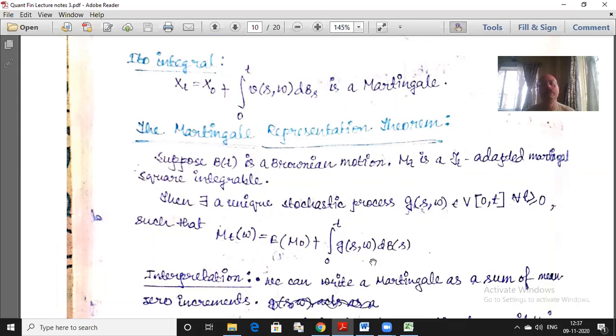Because if I now notionally write this integral equation as a differential equation, I will be able to write dM equal to G dB. In the formal probability theory, that is the Radon-Nikodym derivative. In the stochastic process scenario, this is the martingale representation theorem. Both are extremely fundamental, very powerful results.